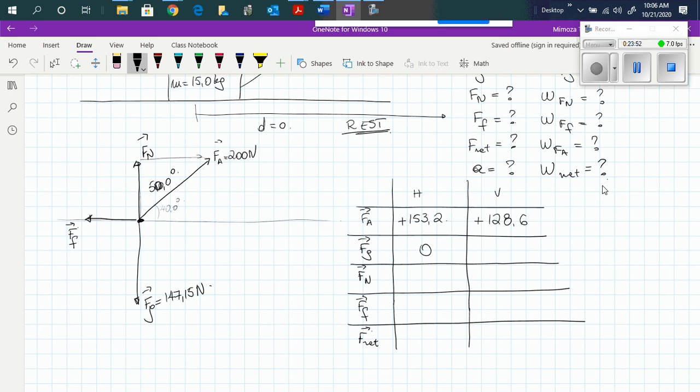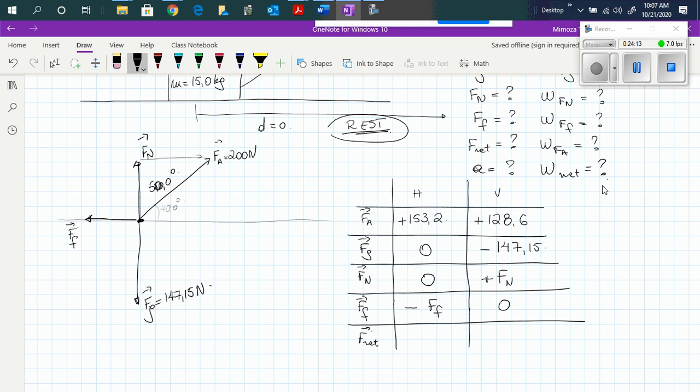Horizontal of force of gravity 0, vertical negative 147.15. Force normal on the horizontal 0, on the vertical is positive force normal. Force of friction on the horizontal is negative force of friction, and the vertical is 0.